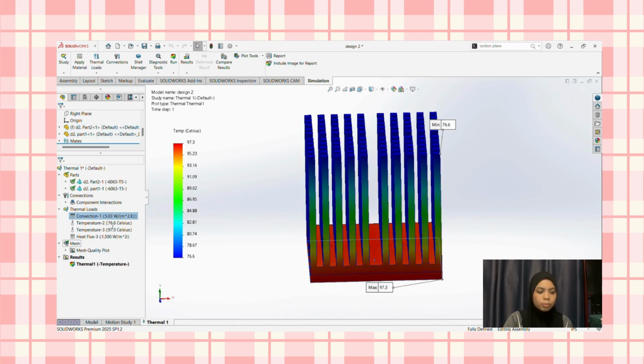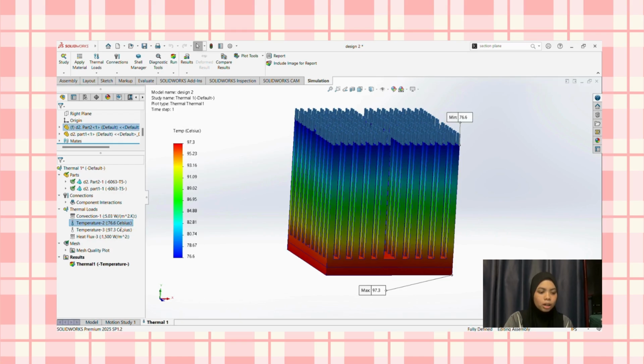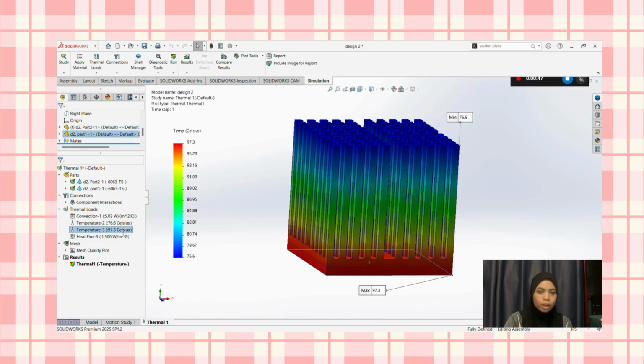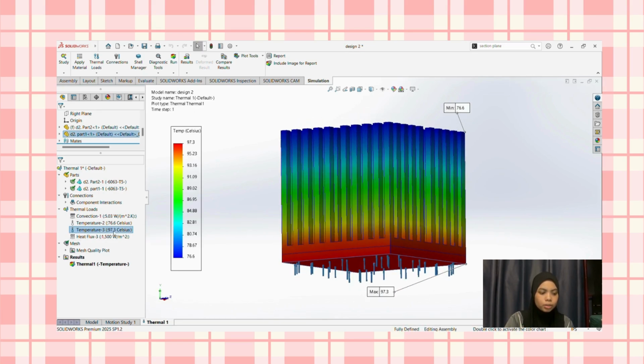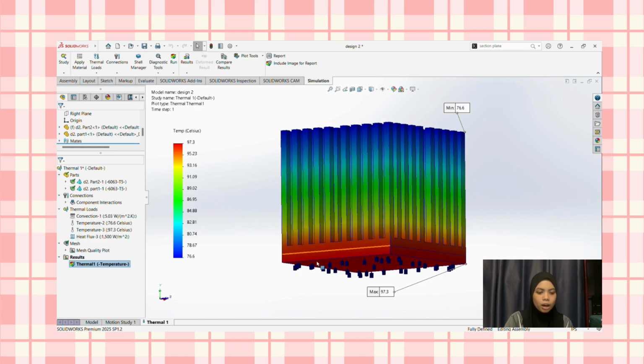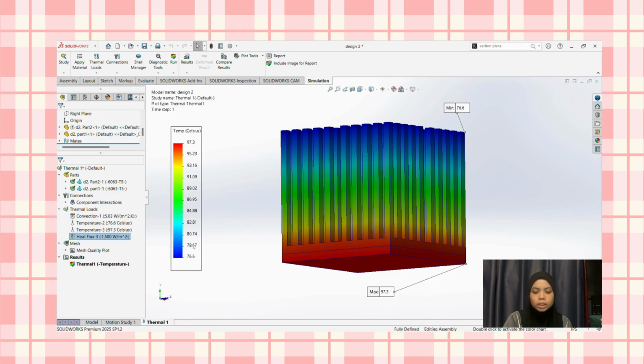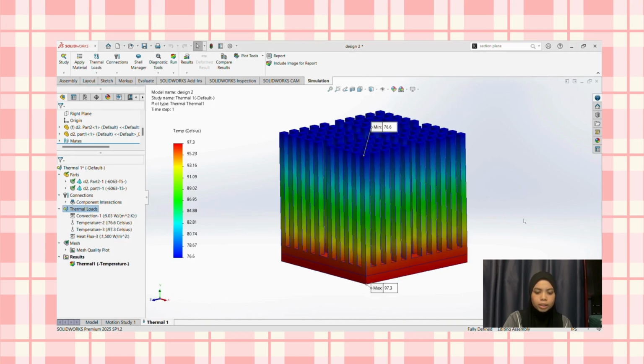The cool temperature that I set at the top is 76.6 Celsius, and the hot side I put at the bottom, and I set 97.3 Celsius, and the heat flux I put at the bottom is 1500. After I run it, it proves that the temperature gradient demonstrates that heat is conducted upward through the heat sink and dissipated into the air.